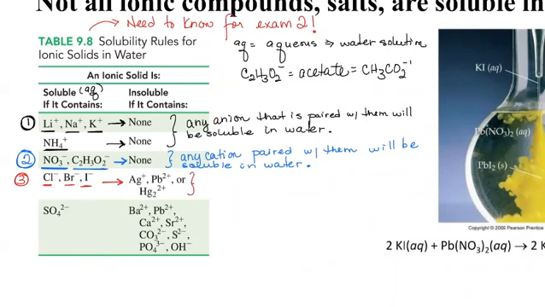So to summarize this, any cation other than Ag+, Pb 2+, or Hg 2+ will be soluble in water.